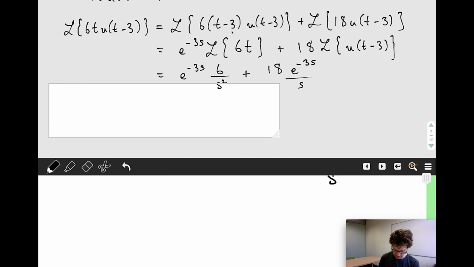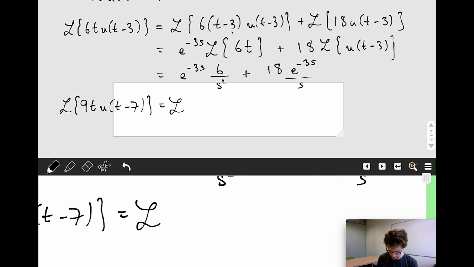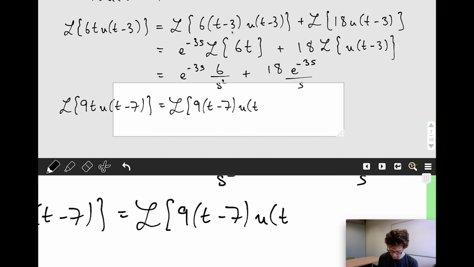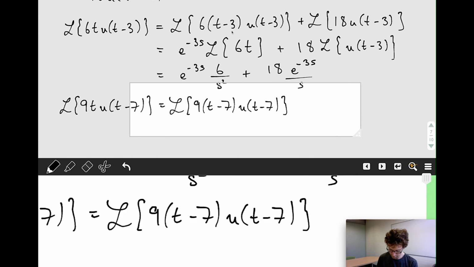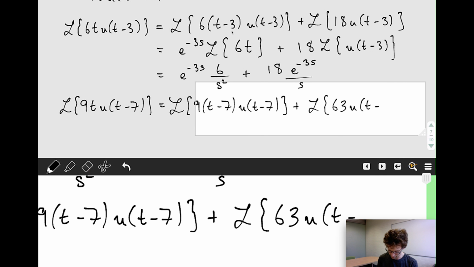Let's apply the same technique to the second piece of our puzzle. We've got the Laplace transform of 9t u of t minus 7. We saw that this was the Laplace transform of two pieces: 9 times t minus 7, so a shift plus a cut, plus 63 u of t minus 7.